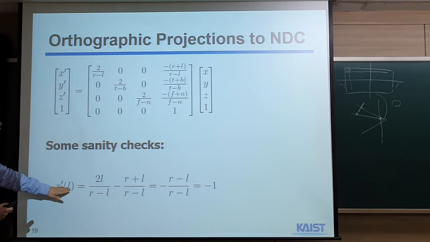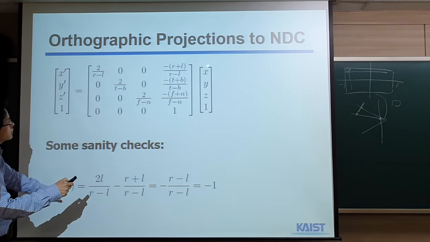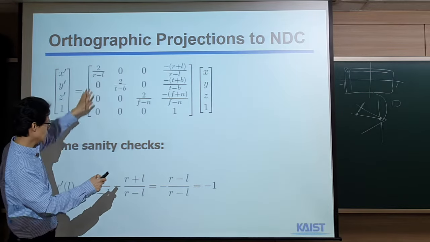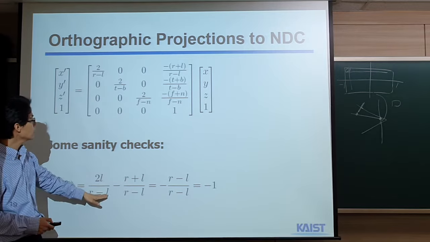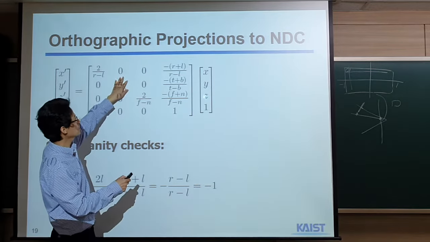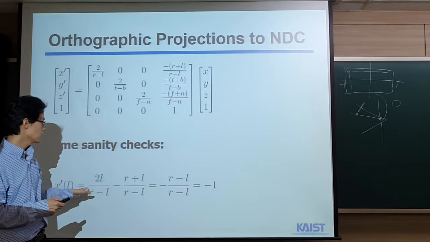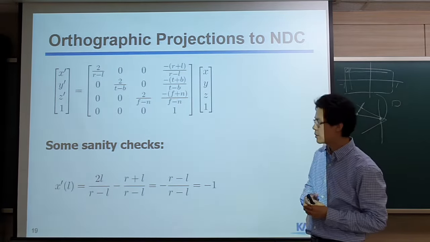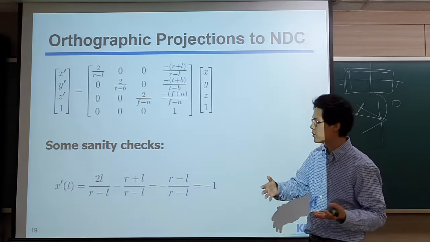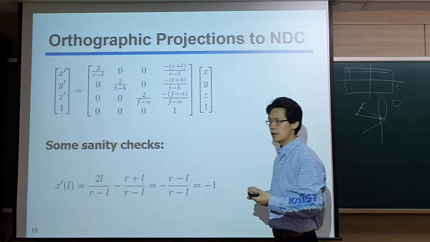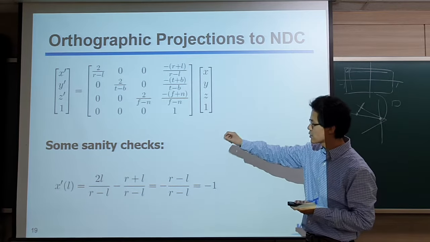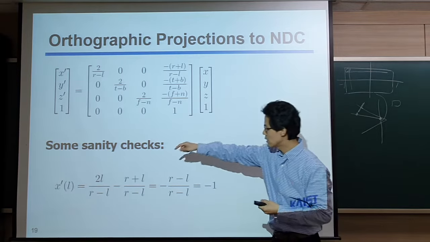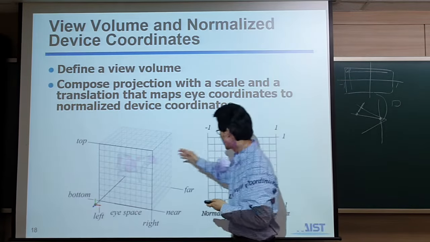If you put L here and do this operation, you have to multiply this by L, that's why it's 2L minus R minus L. Then Y and Z cancel, and you have this component here. If you do the operation, you will see that this gives us -1. It may take some time for you to check it out, so I recommend you pause the video here. Make sure that you can see that the left is mapped to -1.